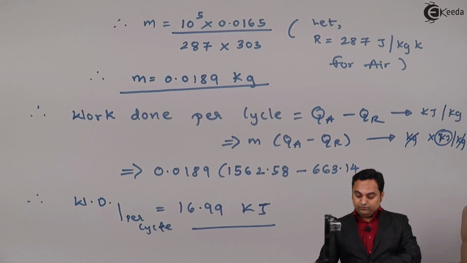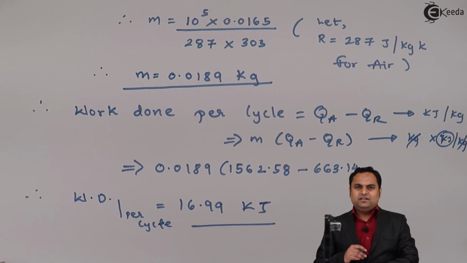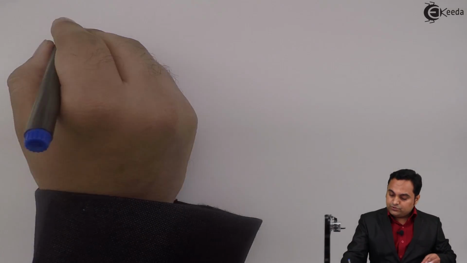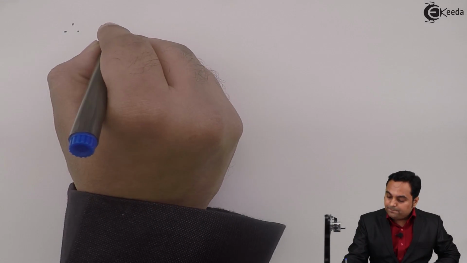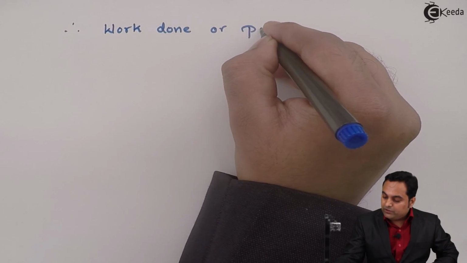At last we have to find the work done or power developed for the cycles given in the problem, that is 3 cycles per second.